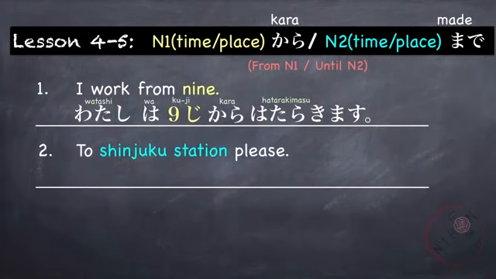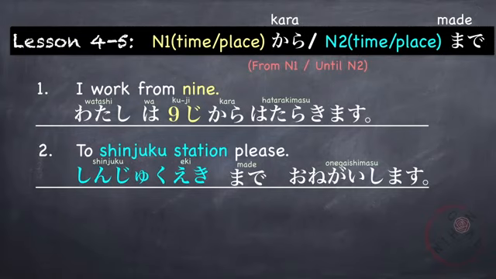Another example, to Shinjuku Station, please. So if you're going to ride a taxi and you want to say, please take me to this place, you say, in this example, Shinjuku Station, 新宿駅までお願いします. To Shinjuku Station, please.